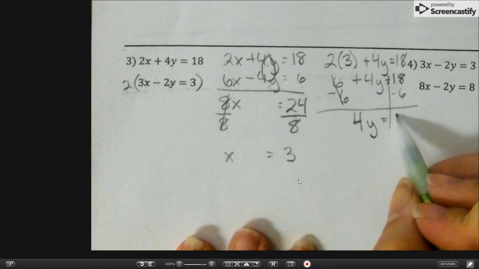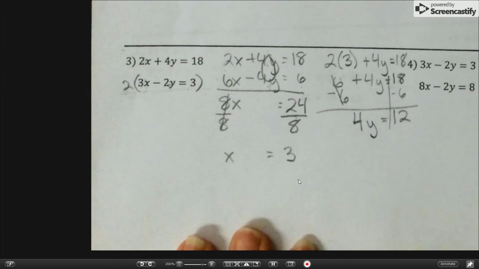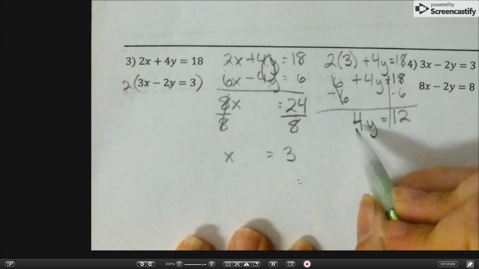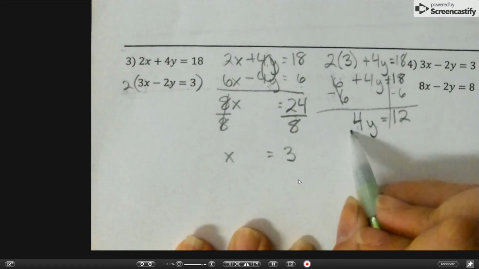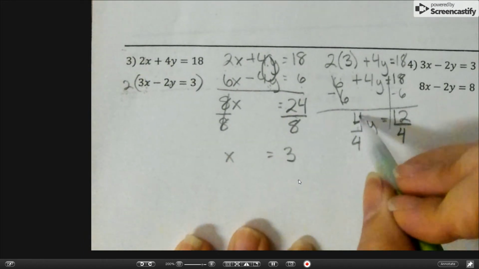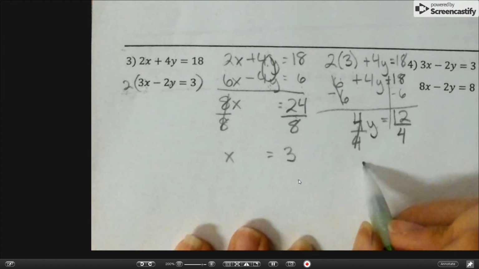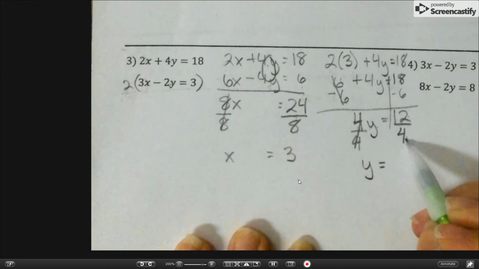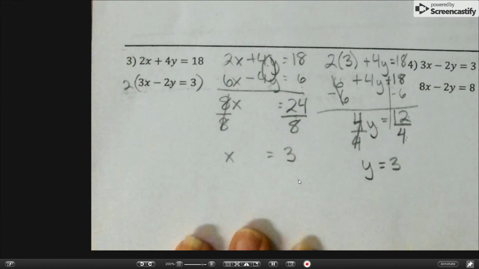And 18 minus 6 is 12. Then here we have 4 times y equals 12. Because these are multiplying, we're going to divide by 4 on both sides. 4 divided by 4 is 1. 1 times y is just y. And 12 divided by 4 is 3.